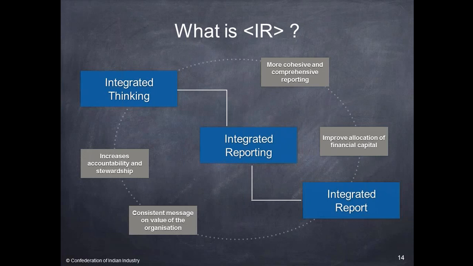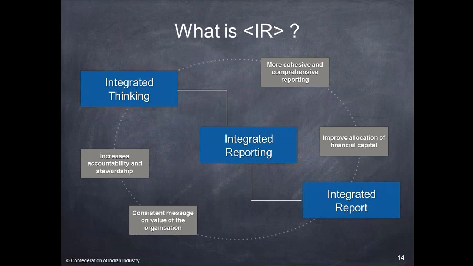Integrated report is the actual concise communication on the outside as to how, when you communicate to your investors, which are prime stakeholders, as to how a company creates value in the short, medium, and long term.